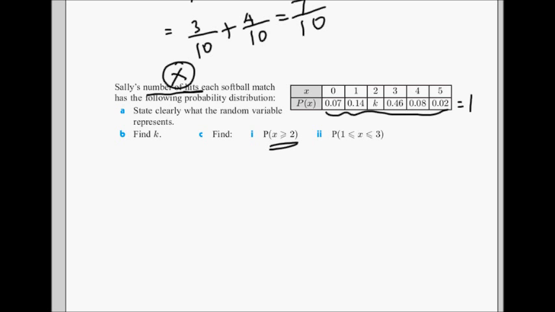For probability of x greater than or equal to 2, you need to add 2, 3, 4, 5, all of them together, after finding the value of k and plugging it in here, giving 0.46, 0.08, 0.02, and then you can get the probability of x greater than or equal to 2. Probability of x between 1 and 3 would include 1 and include 3. Right, so adding up these three values would give you the probability of values between 1 and 3.